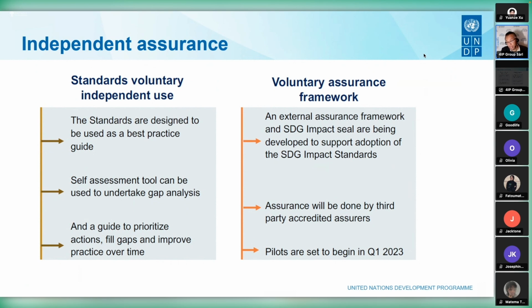So that means that after you have received your certification, which is a signal to the outside world that you're fully committed to sustainable development, the SDG goals, if you want to keep the SDG Impact Standards seal, you will have to subject yourself to an independent evaluation done by independent consultants that will come and visit you. Usually it will be every second year.